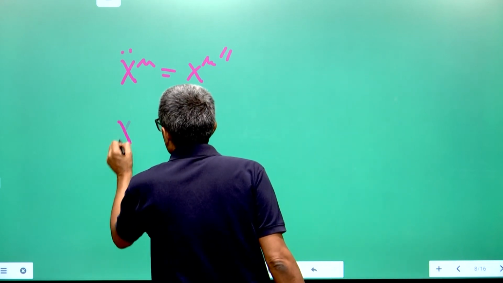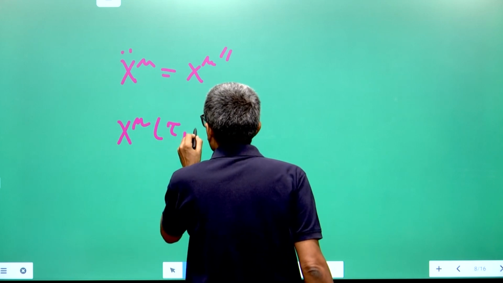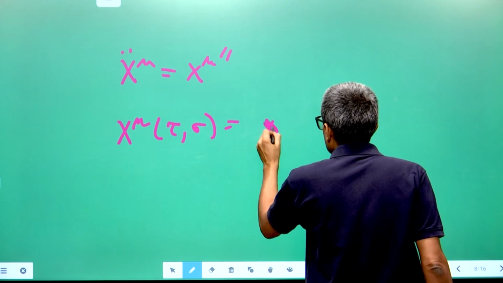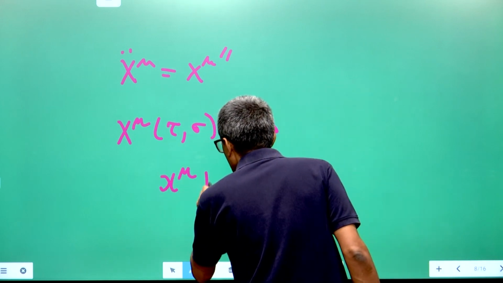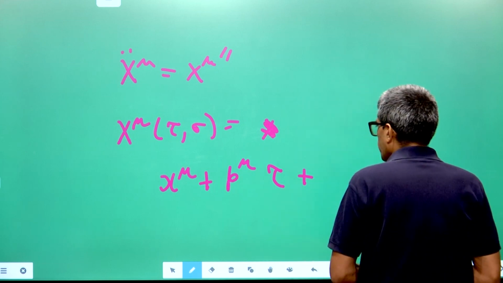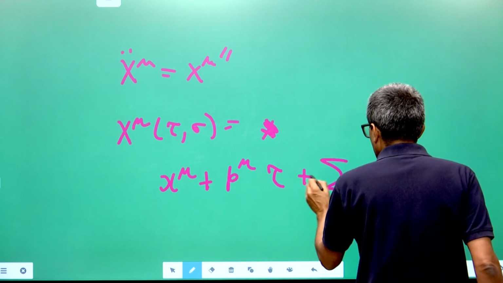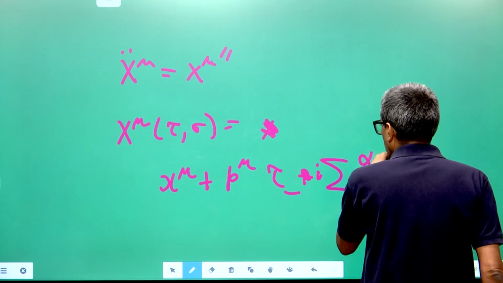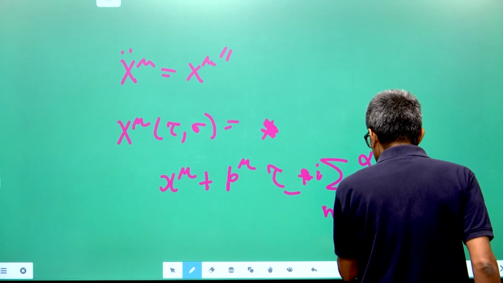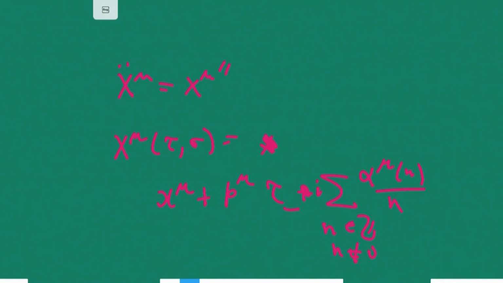If you solve this equation using Fourier series, you get x(tau, sigma) equal to the center of the string x mu plus p mu tau plus summation of minus i times alpha mu n by n, n varying over all integers and n not equal to 0, into e power i n (tau minus sigma), plus another term, beta mu n and e power i n (tau plus sigma).